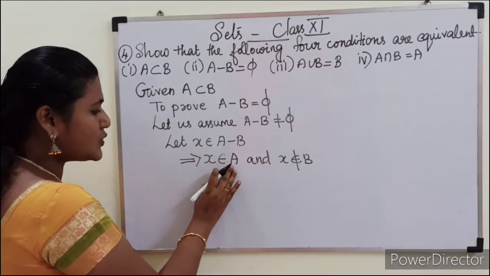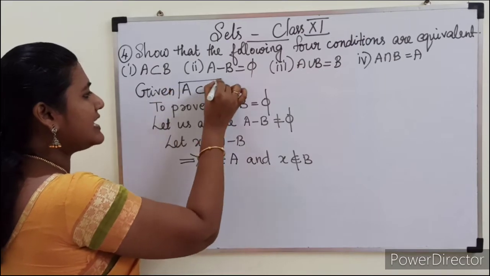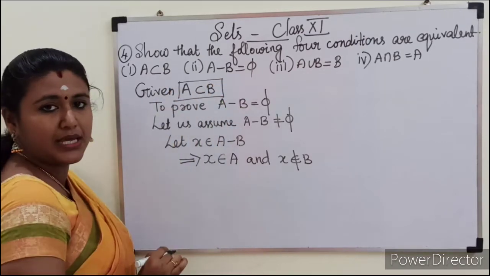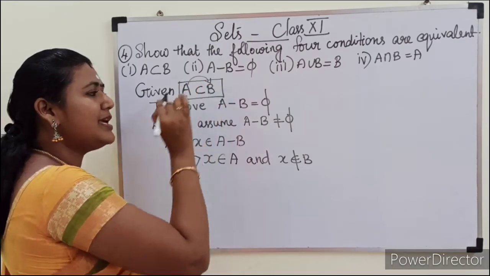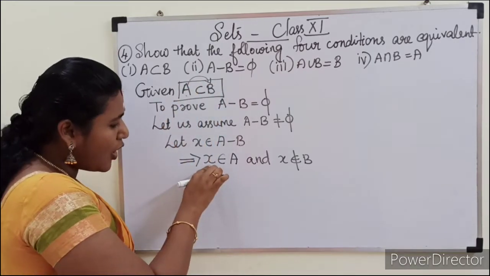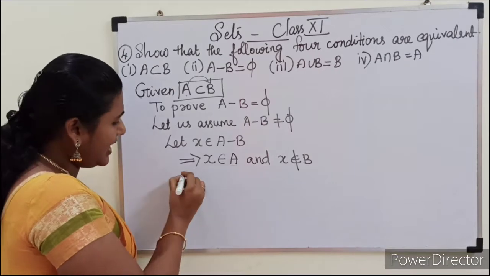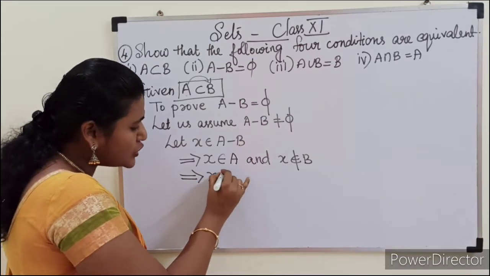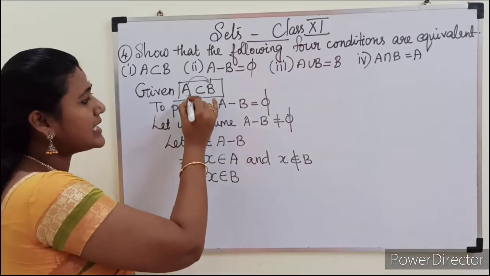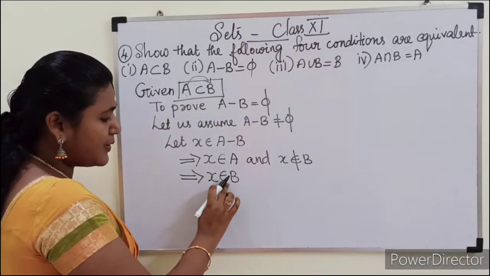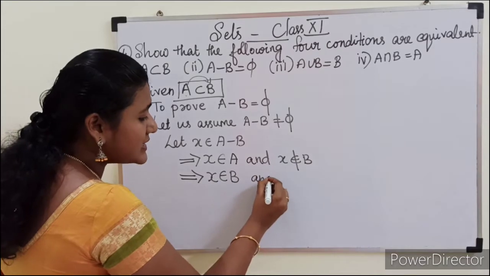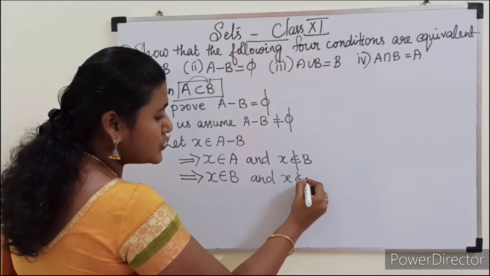If X belongs to A, we already have the condition A is a subset of B, that means all the elements of A are in B also. So X belongs to B also, reason: A is a subset of B. So here we can write X belongs to B and X does not belong to B.